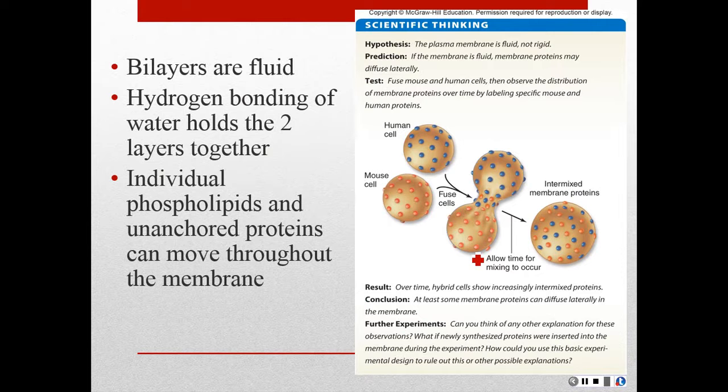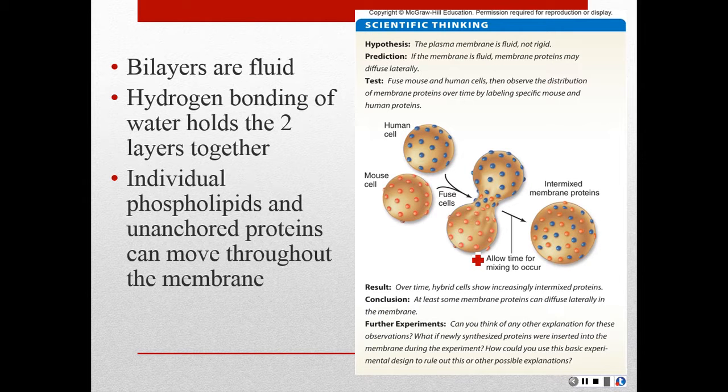The hydrogen bonding of water holds the membrane together, which is great. Although the water continually drives the phospholipid molecules into this bilayer configuration, it does not have any effect on the mobility of the phospholipids relative to their lipid and non-lipid members in the bilayer.